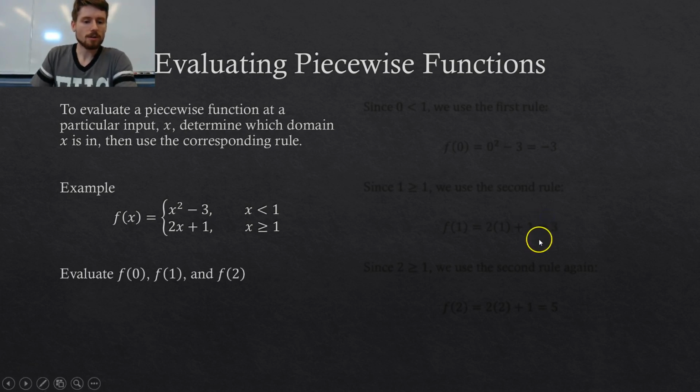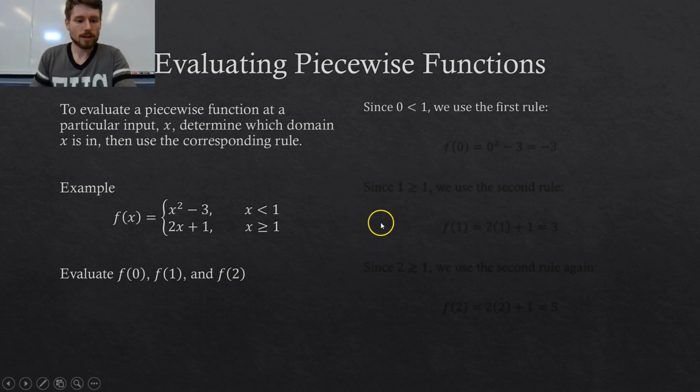So let's try to evaluate this function at those inputs, 0, 1, and 2. Which rule do we want to use for 0? Which rule do we want to use for 1? And which rule do we want to use for 2? Okay?